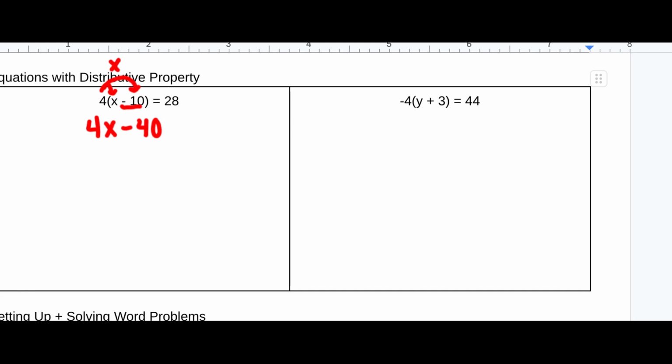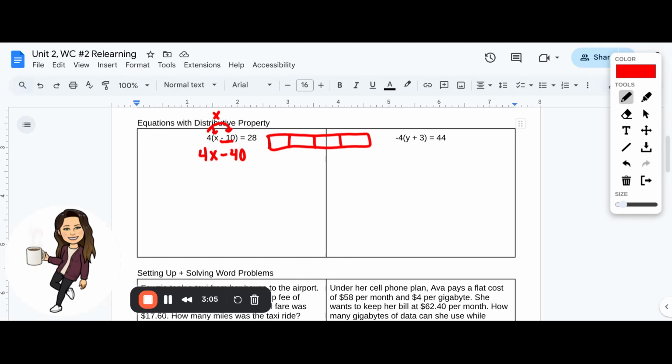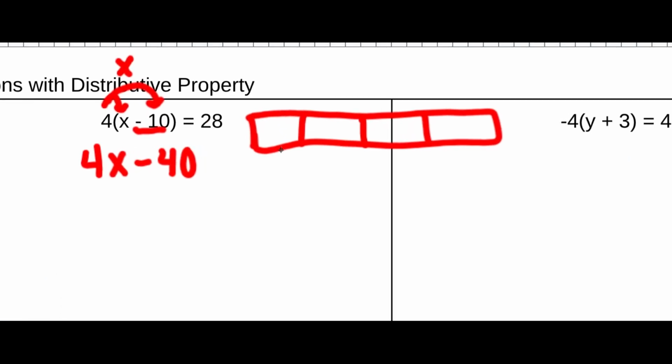It has to change. Because what this means is that there are 4, let's see if I can draw this for you, there are 4 x minus 10s. I'm going to make my writing a little bit smaller. x minus 10, x minus 10, x minus 10, x minus 10. This is what this means.